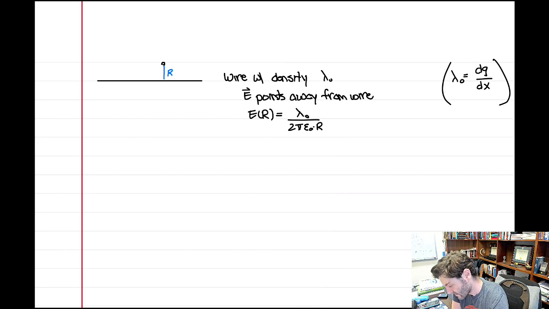So how might you go around proving that with Gauss's law? I will set it up, and then I will let us do that as a problem in class.